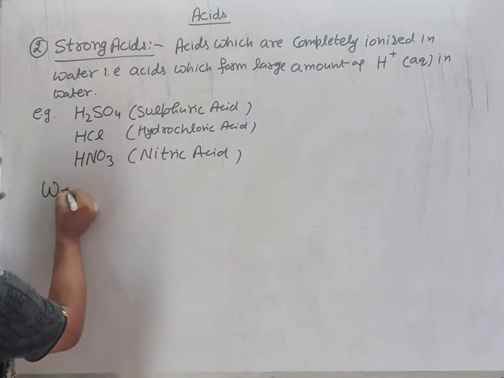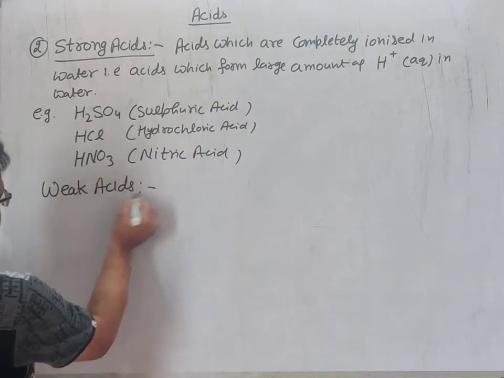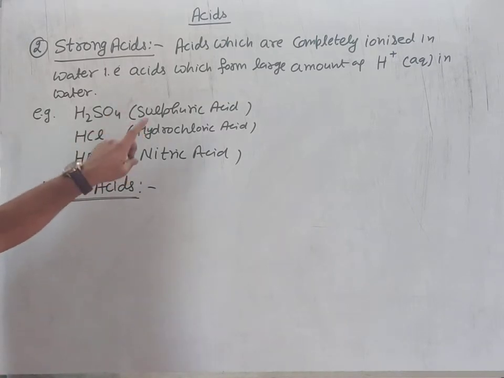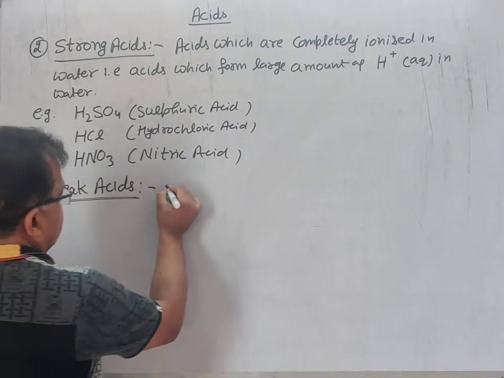Then weak acids. Weak acids are the opposite of strong acids. They are not completely ionized, they are partially ionized.